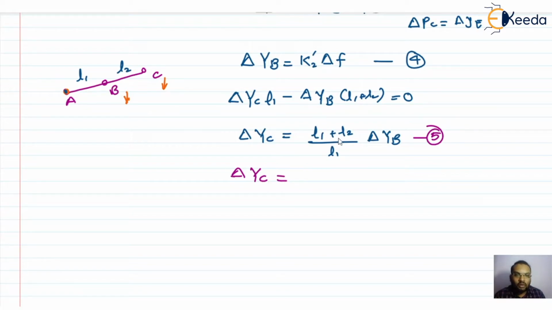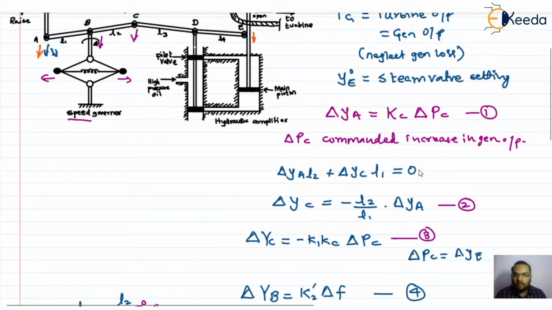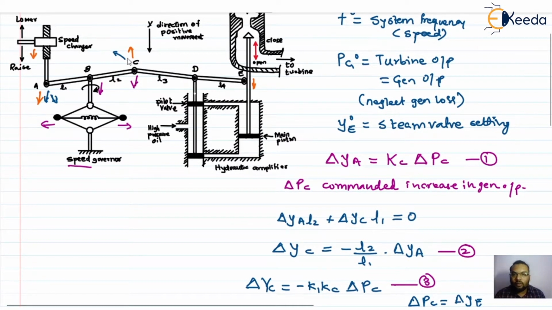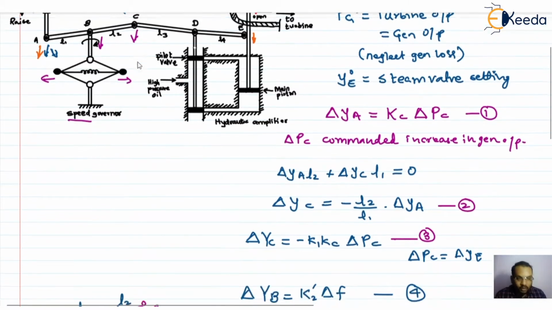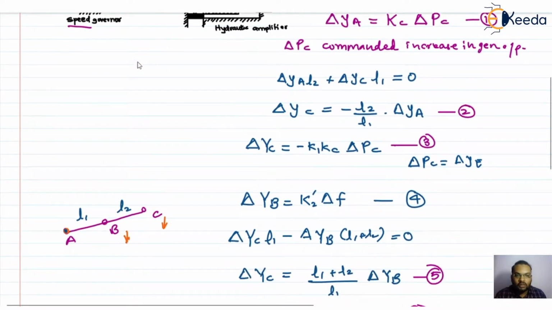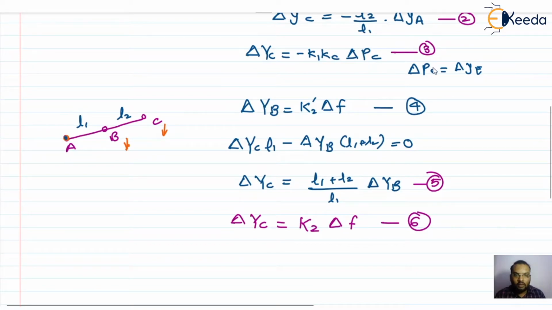So this constant and that constant together we'll write K2 into change in frequency. Call this equation number 6. So you see here, the resultant movement of C can be written by summing these two equations, equation number 3 and equation number 4.